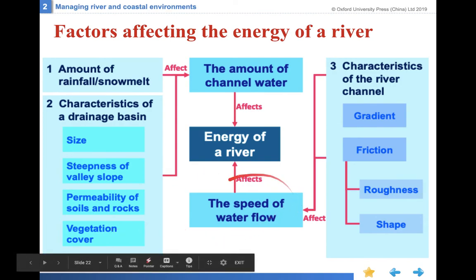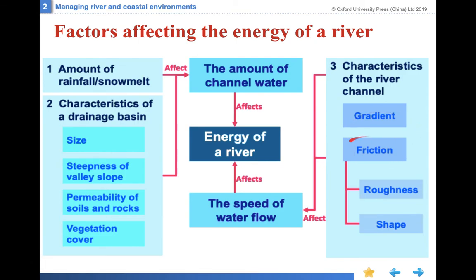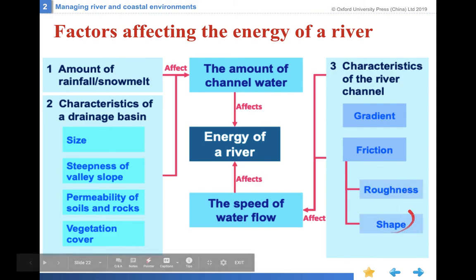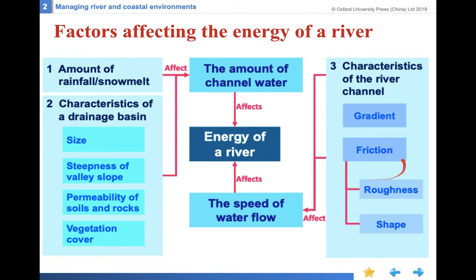And the speed of the water flow could be affected by the gradient and the friction of the river channel, while the friction could be indicated by the wetted perimeter. And the roughness of the channel and the shape of the channel affect the wetted perimeter, and thus reflect the friction of the channel. And all this will affect the energy in the river.